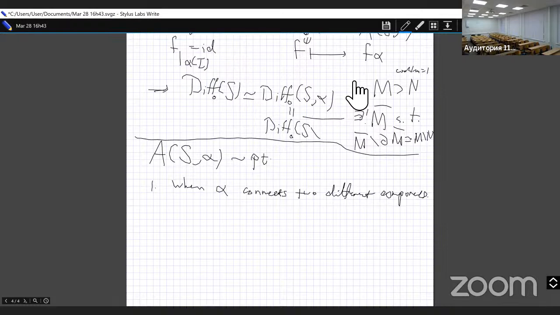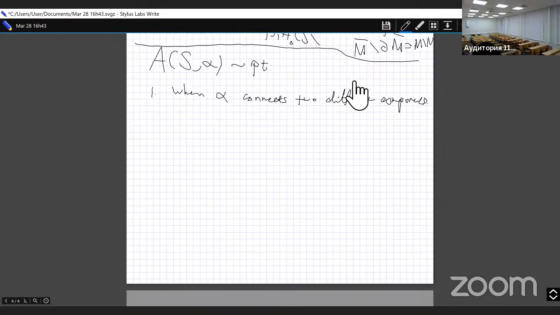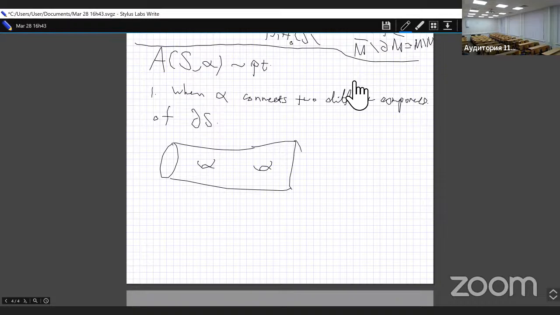So first we consider this case, just components of the boundary. Let me just draw pictures because I want to explain something more in the picture. Assume that here is P, here is Q, and alpha is connecting them, from this S. So construct T as follows.